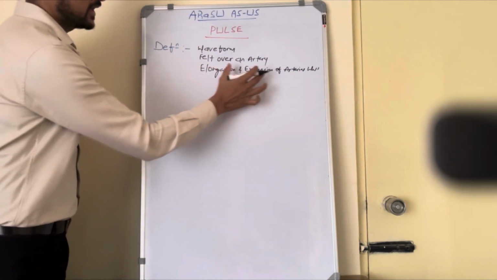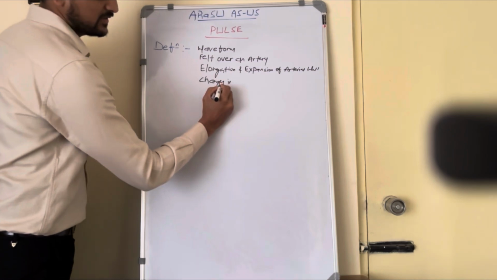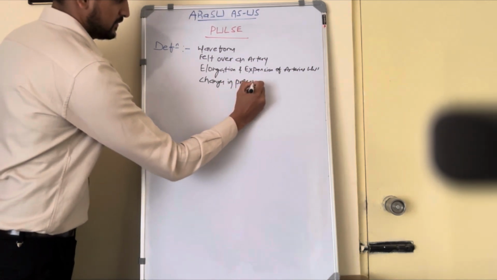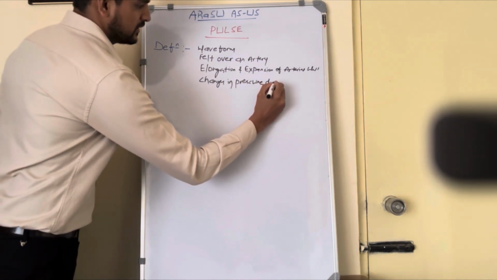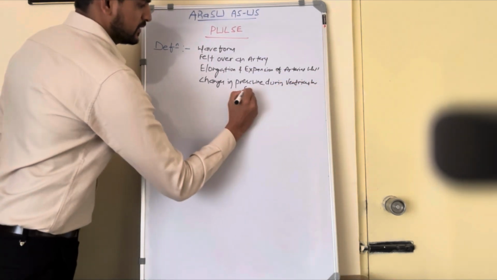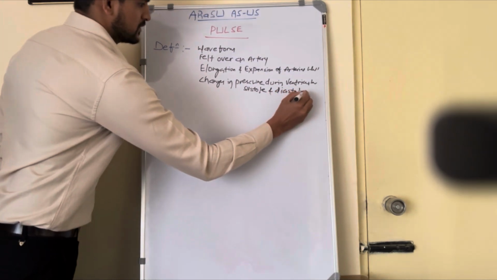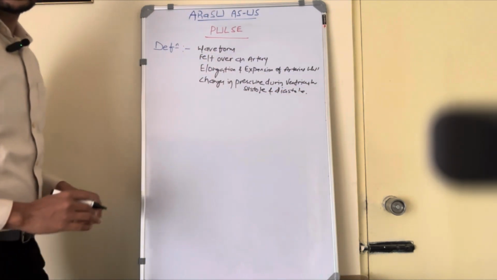And this elongation and expansion occurs because of changes in pressure during ventricular systole and diastole. So this is the definition of pulse.